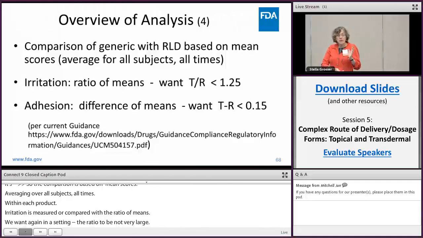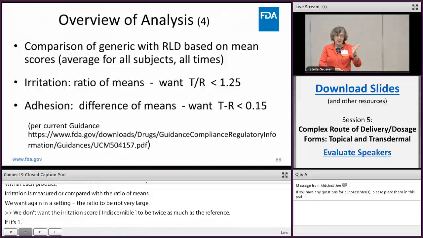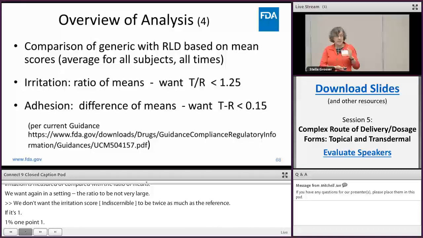If it's 1.1 times as much, 1.25 times as much, that's acceptable. But again, this is a statistical test, so we take the mean scores, we take the ratio, and then we calculate the confidence intervals around it, the standard deviations, and plus or minus whatever.